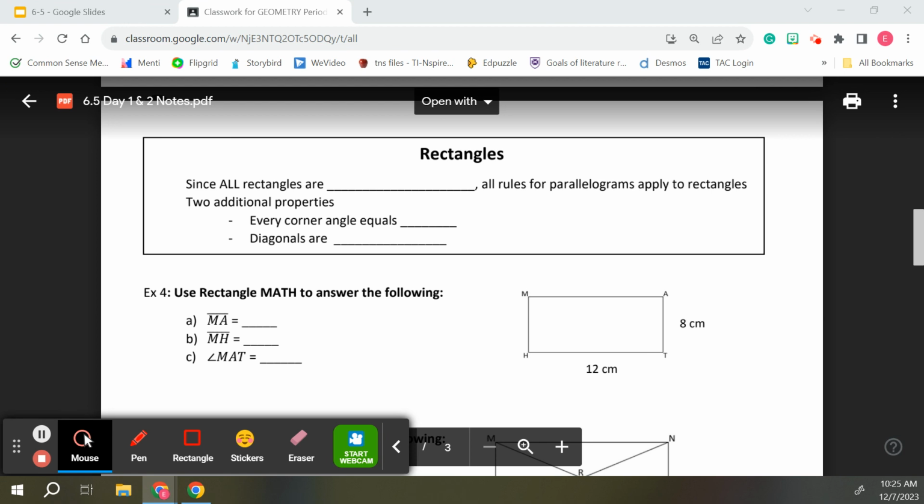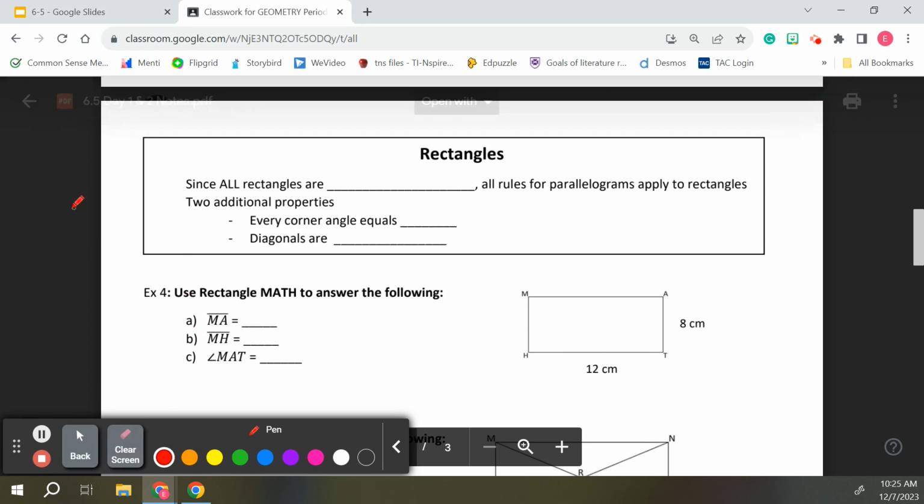All right. So it's saying since all rectangles are parallelograms, all rules for parallelograms apply to rectangles.